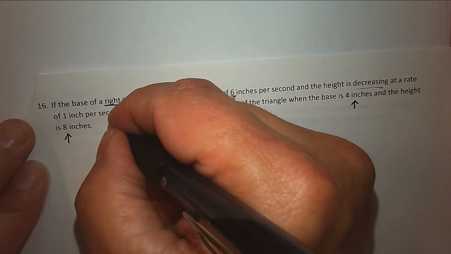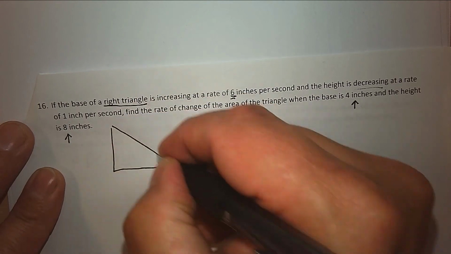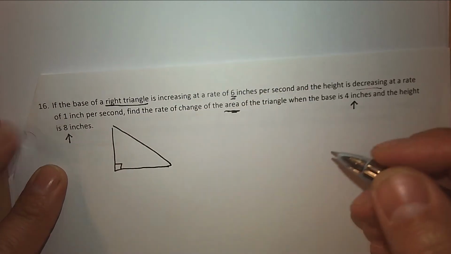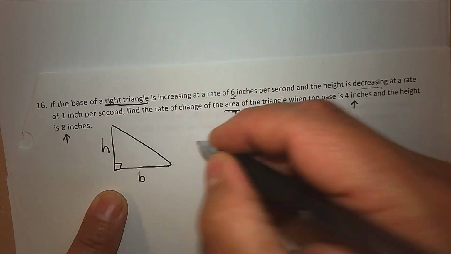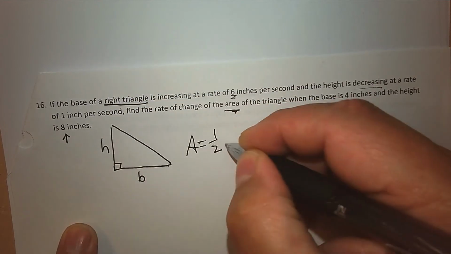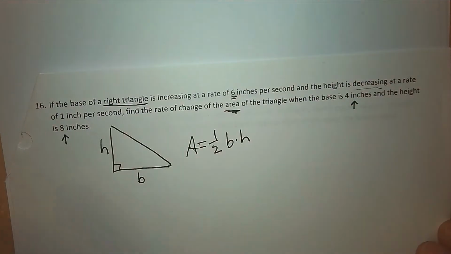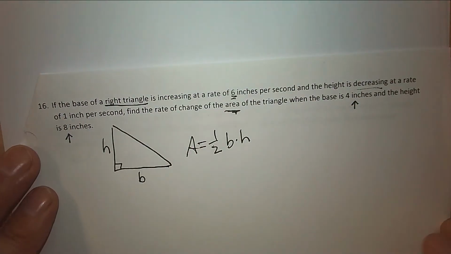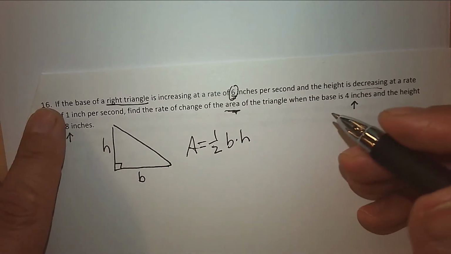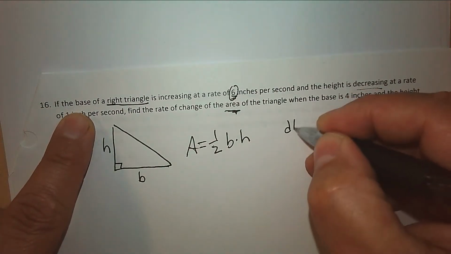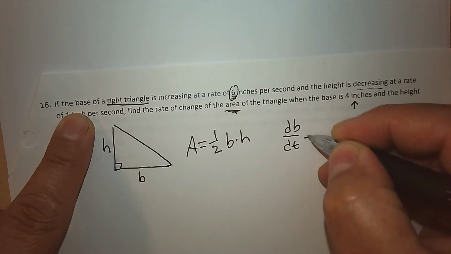So let's start with the picture. There's my right triangle. I recognize that it talked about area. So we have a base and a height, and the area of a triangle is 1/2 base times height. 6 inches per second represents the base and how the base is changing with respect to time.